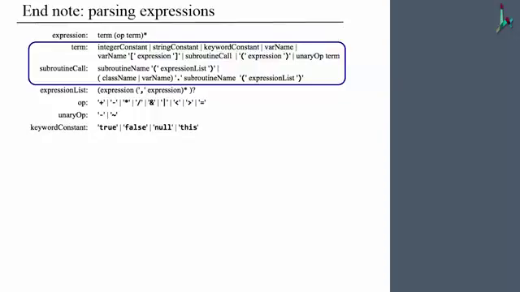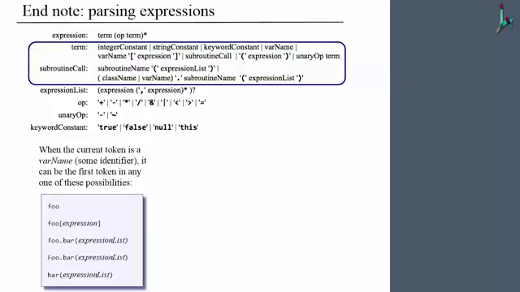If the current token is an integer constant, simple. If it's a string constant, also simple. Likewise, if it's a keyword constant, we can easily handle it. However, if the current token is a variable name, then it turns out that according to the rule here, we have several options, and each one of them should be handled separately.